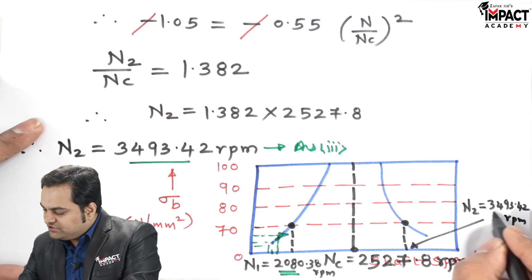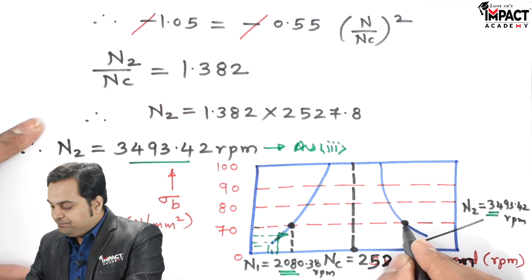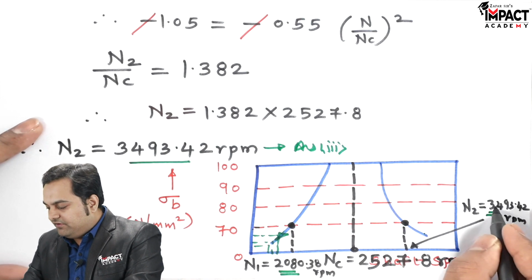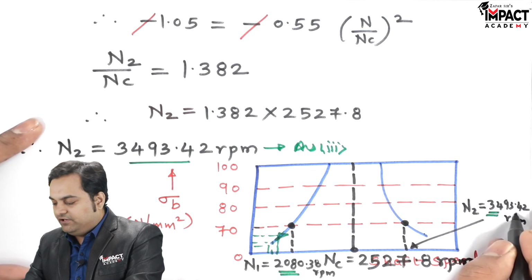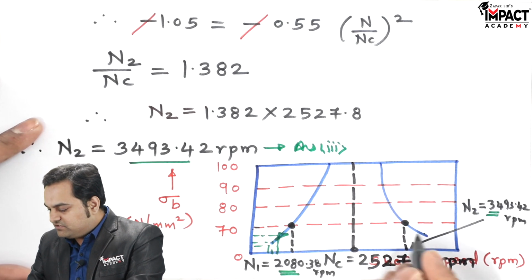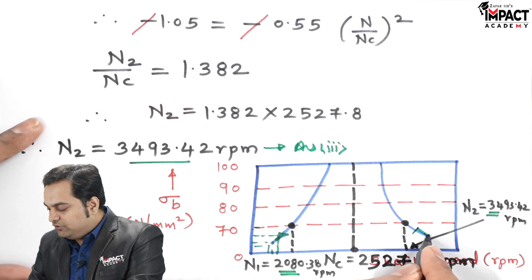Similarly, when we see the other side, in that case, if we are operating the shaft at a speed of N2, which is 3493.42 rpm, that is the limiting value, and if we go on increasing the value of speed beyond this value, like for example if it is 3700 rpm, then obviously that speed would be towards the right hand side and the stress value will drop.